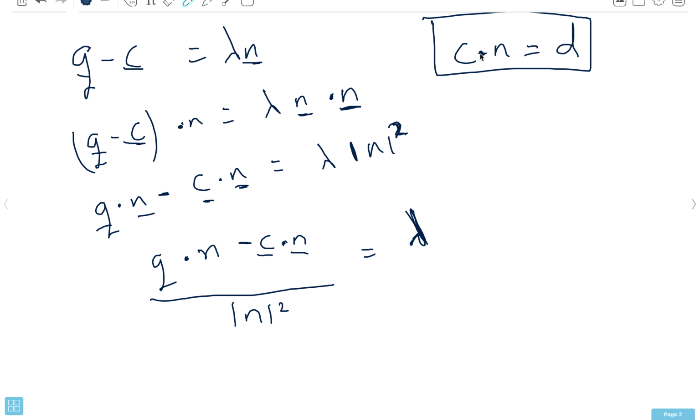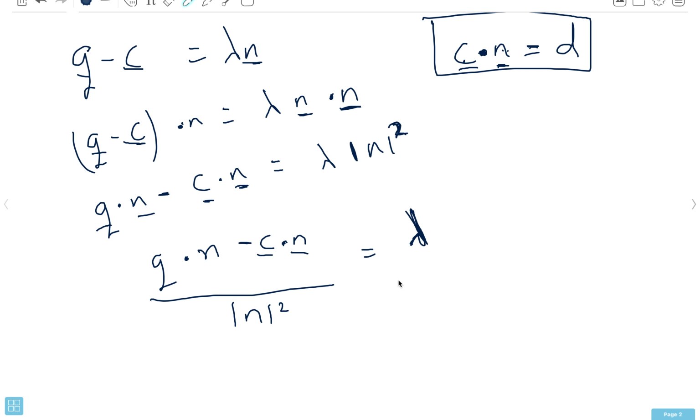This is because of the definition of a plane. If we take the dot product of n, the normal vector of the plane, with some point on the plane, then we get d.